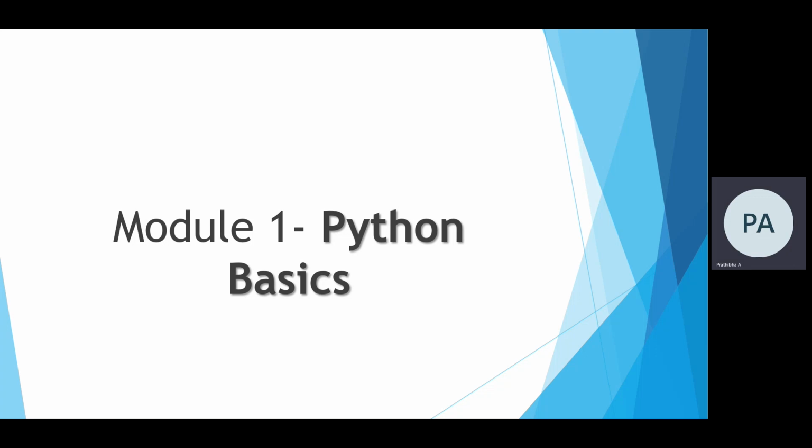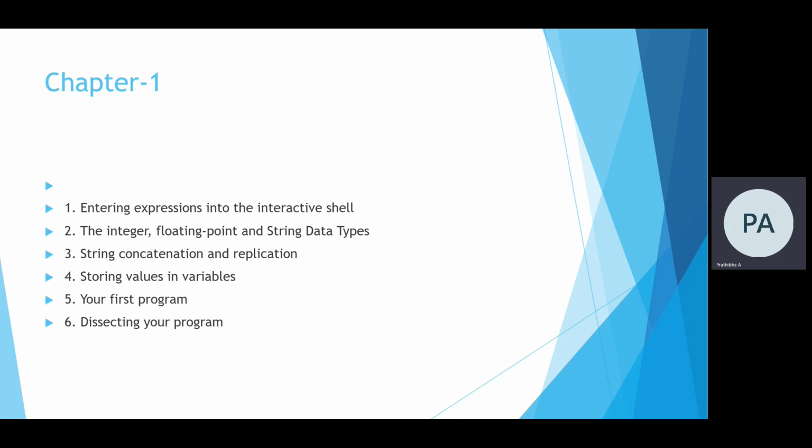So once we are done with that, we will look at some of the basic concepts of Python. In this chapter, we'll look into how to enter expressions into a shell, that is the interactive shell. That means once we open IDLE, the interactive shell will be displayed, where we can type our commands or code in Python so that it can be executed.